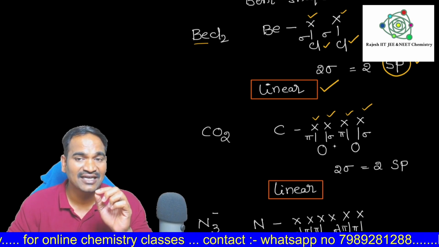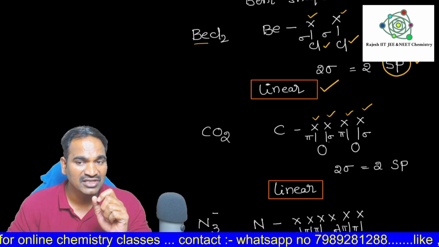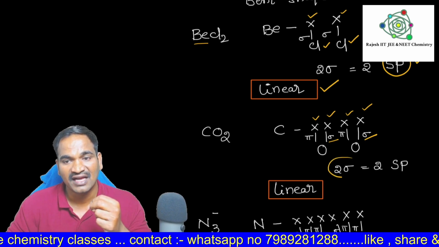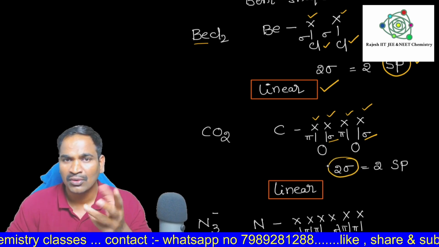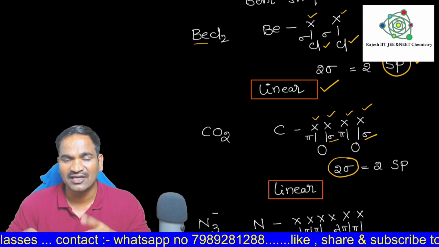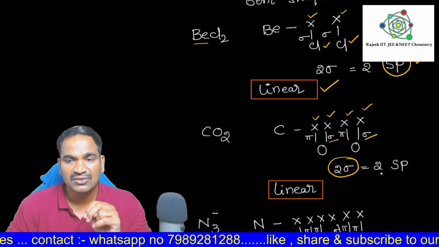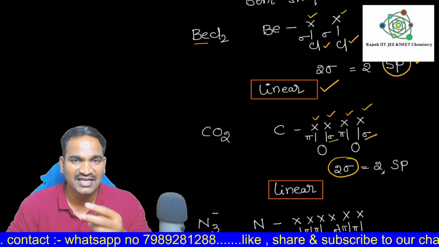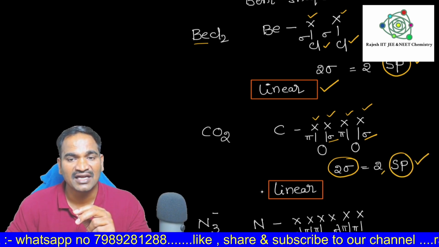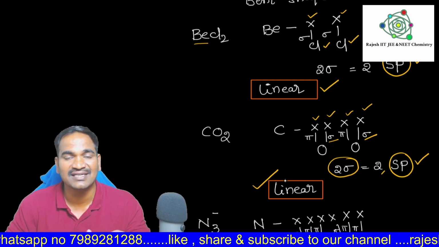Here we consider only sigma bonds. So this is 1 sigma and 1 sigma, 2 sigma bonds, no lone pair, no other electrons. 2 sigma bonds means its hybridization is sp, and its geometry, or shape, is linear.